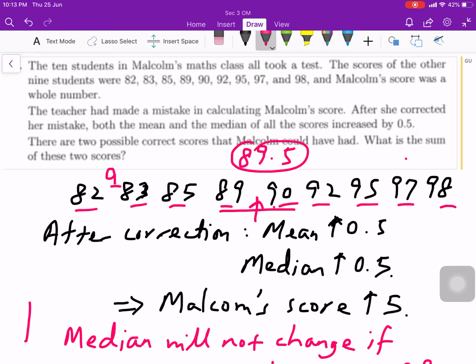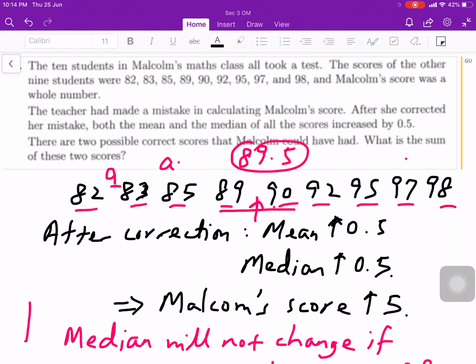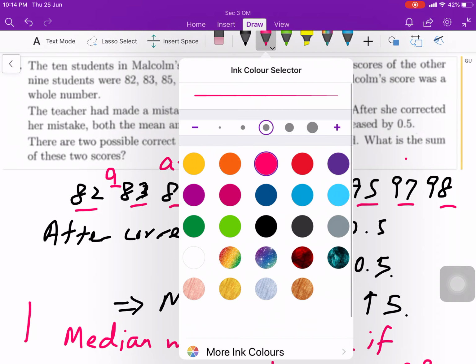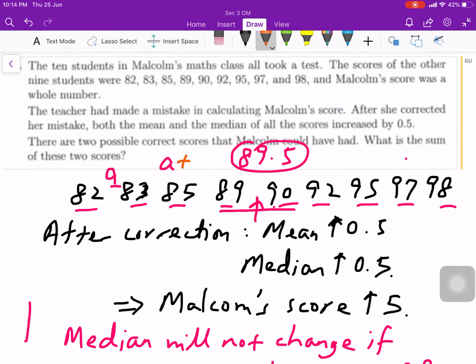And can you see that if after increasing by 5 it is still less than 89, the median doesn't change? That means in this case, after revision, Malcolm's score is A plus 5. Therefore, the A no longer exists, but this A plus 5 is still less than 89.